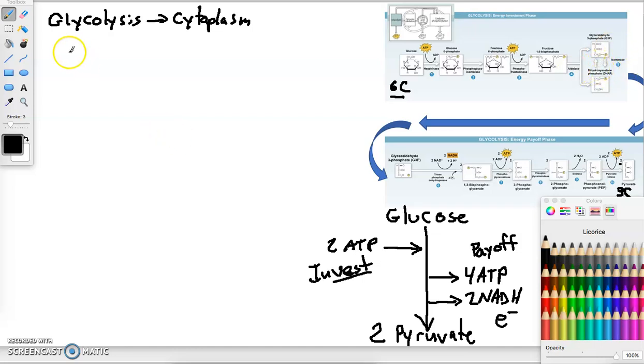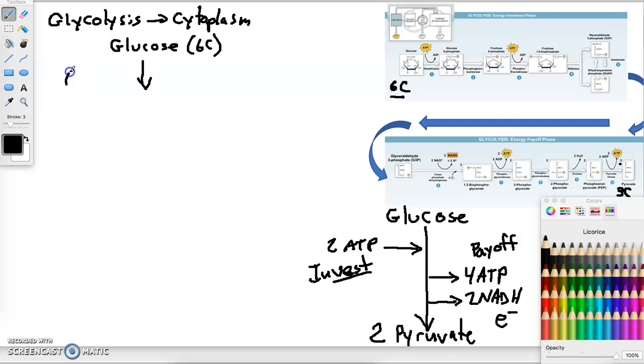All right, let's break that down in a little bit of detail, not too crazy, but a little more than maybe we've seen before. So we're going to start with our glucose molecule here, and that is 6 carbons. That glucose molecule is converted into another molecule called glucose 6-phosphate.